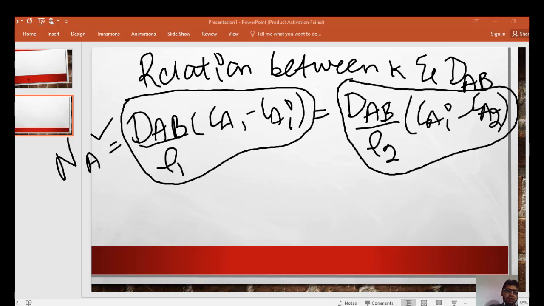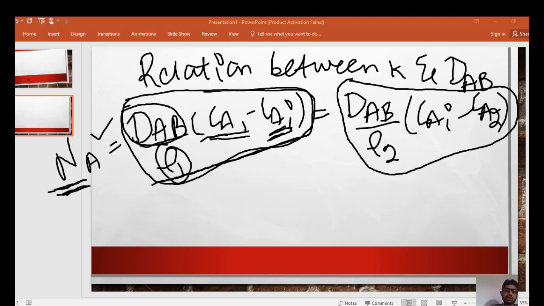At first the component was transferred from the bulk of gas to the stationary gas layer having thickness L1, the diffusivity of component A in component B is DAB, with the concentration of component A in the bulk gas and the concentration of component A at the gas-liquid interface. So this is the mass transport in the stationary gas layer.